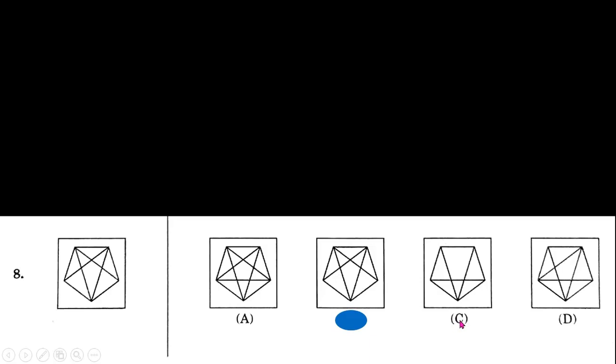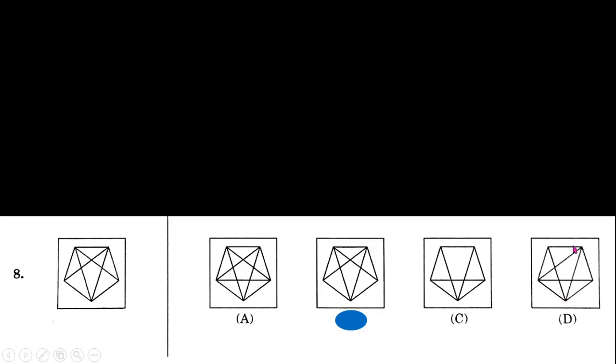In option C, we have a pentagon and 3 diagonals are drawn, so it is not the same as the question figure. Coming to answer figure D, we have a pentagon here and 1, 2, 3, 4 diagonals are drawn, but the position of the missing diagonal is not the same as in the question figure.